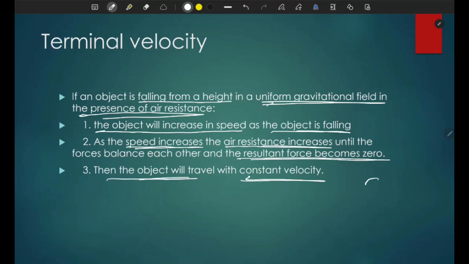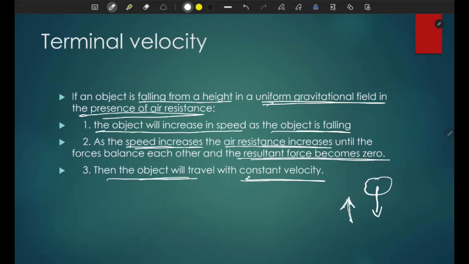So if we have a rock, it's thrown from a really high distance, and then there's air resistance. So as the speed increases, the resistive force also increases. So when the resistive force increases, that means the downward force and upward force balance each other out.